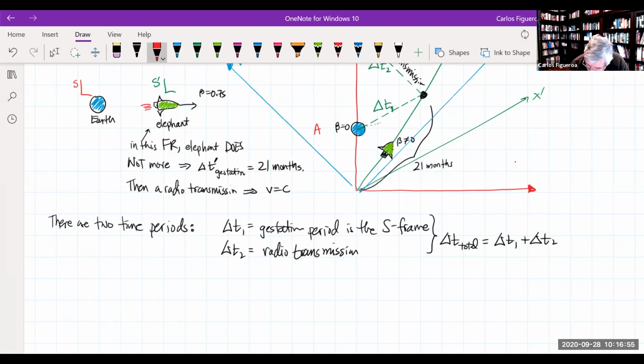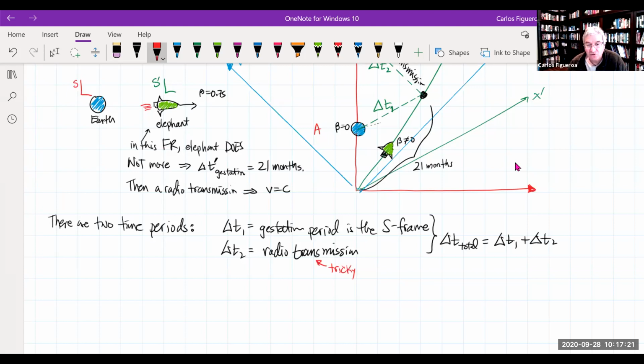But the tricky part of this problem is tricky because now I have to use the full-blown Lorentz transformations to calculate that time T2. Beforehand, we could look at a meter stick and look at both ends of the meter stick and simultaneously make a measurement.